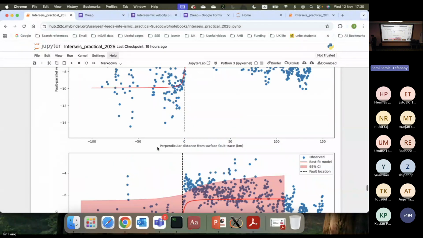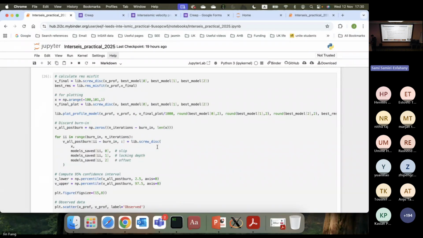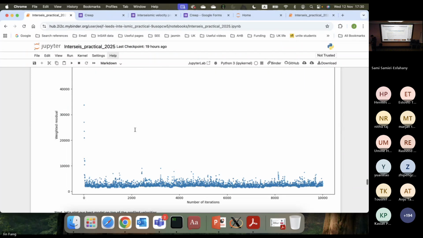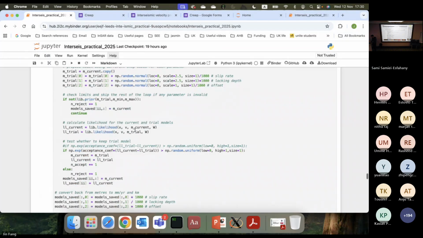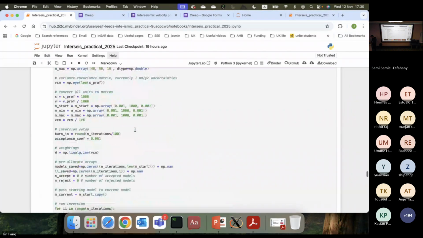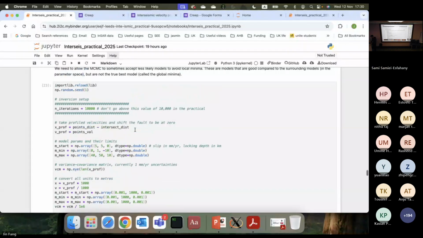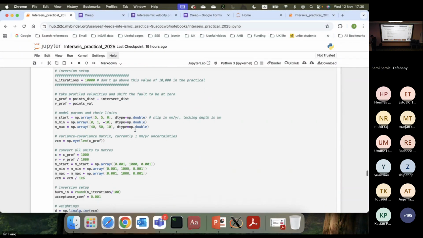Yeah, we can add more free parameters and explore it more systematically. Here we only search for three parameters, but you can search for more, like creeping slip rate or creeping depth. You need to hack the code a bit.